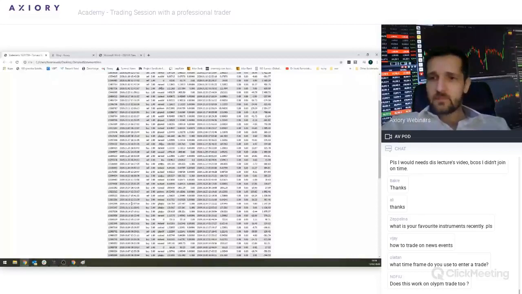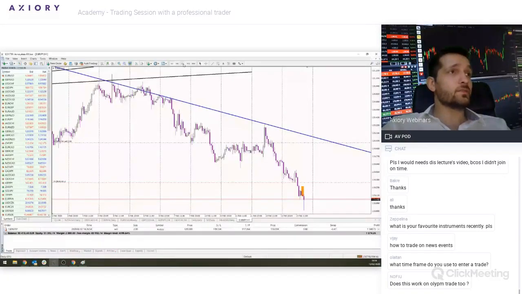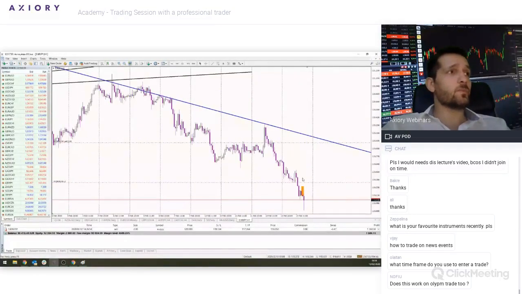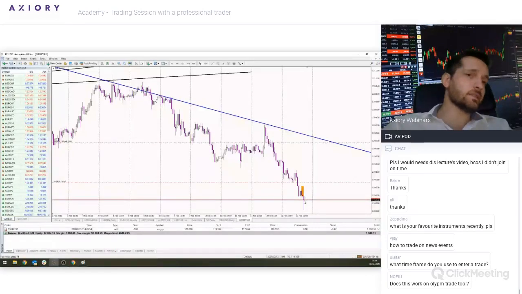What time frame do you use to enter the trade? I estimate the whole situation. You can see that Euro to Japanese yen is trying to reverse. If they will be able to pull a hammer out of it, that probably will mean a reversal, and I will think about closing this trade.